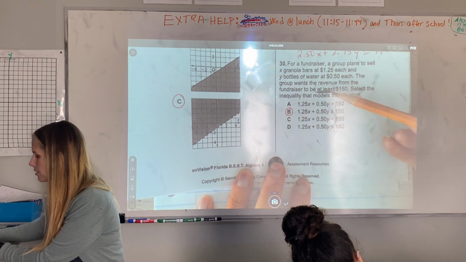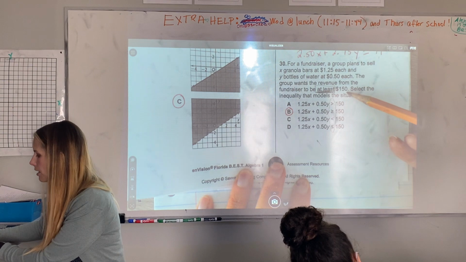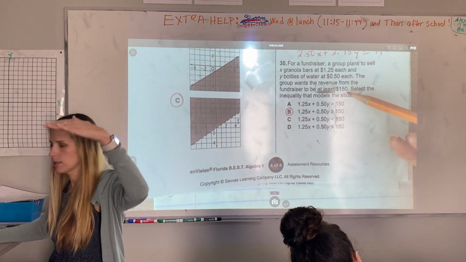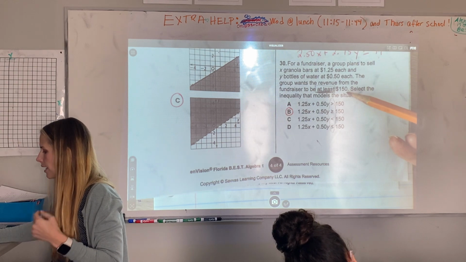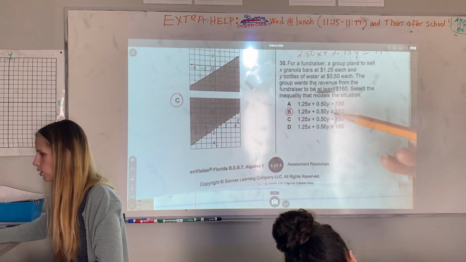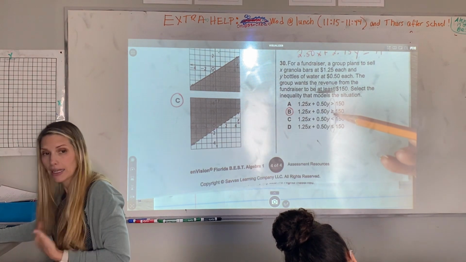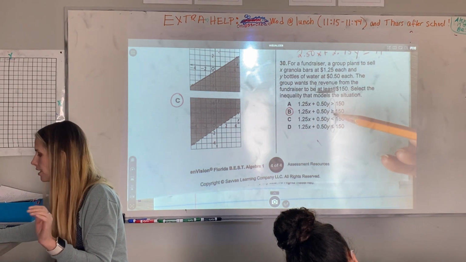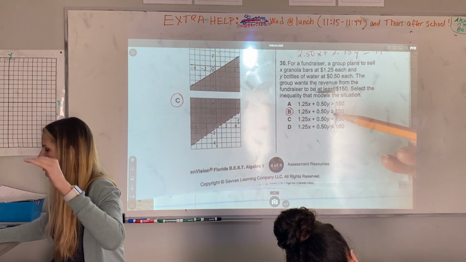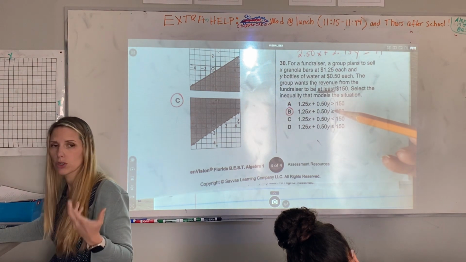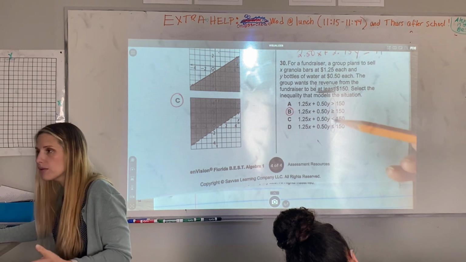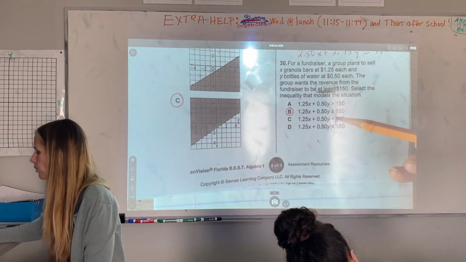At least 150 means 150 or more, which means it has to include an or equal to symbol, because it can be 150. At least means greater than 150 or exactly 150.